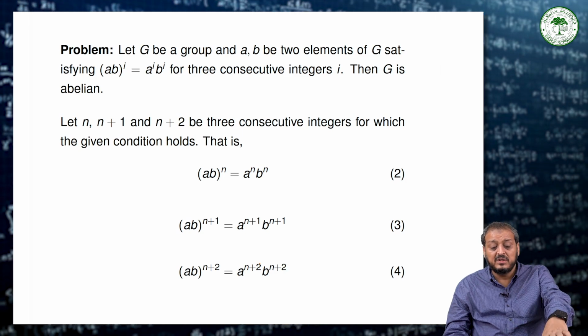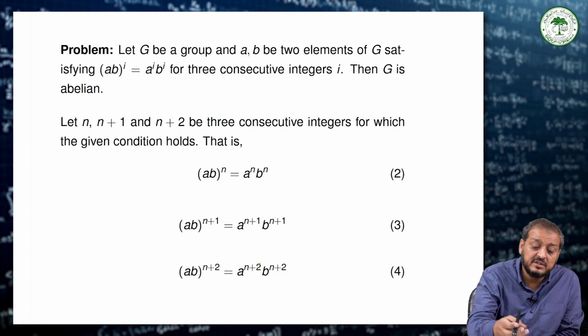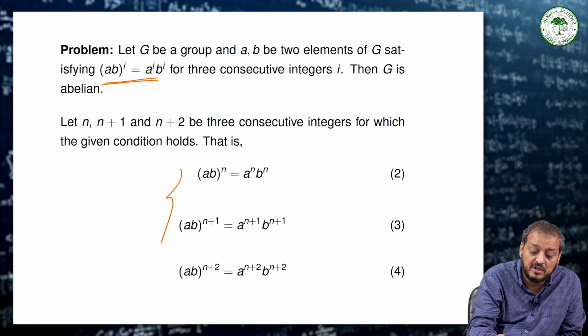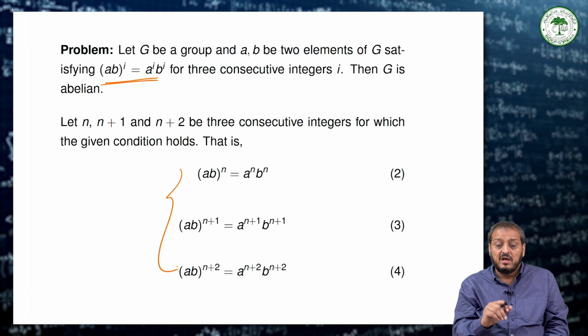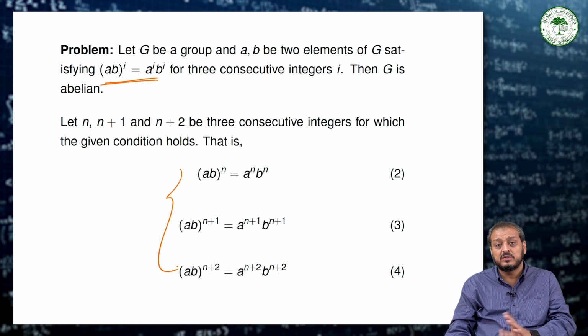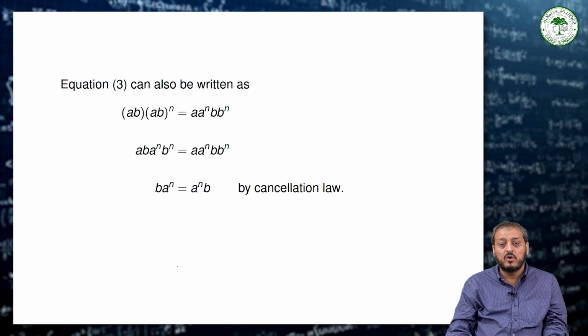So we are assuming that this condition holds for 3 consecutive integers. Now we have to show that G is abelian.